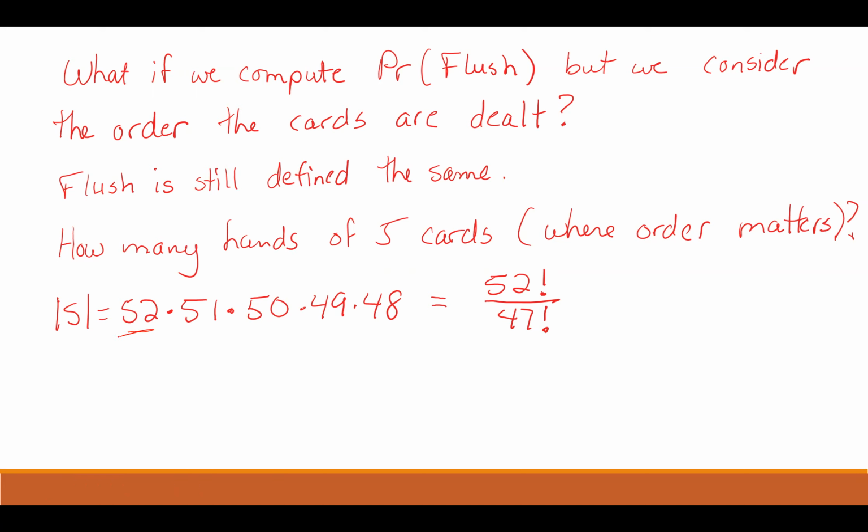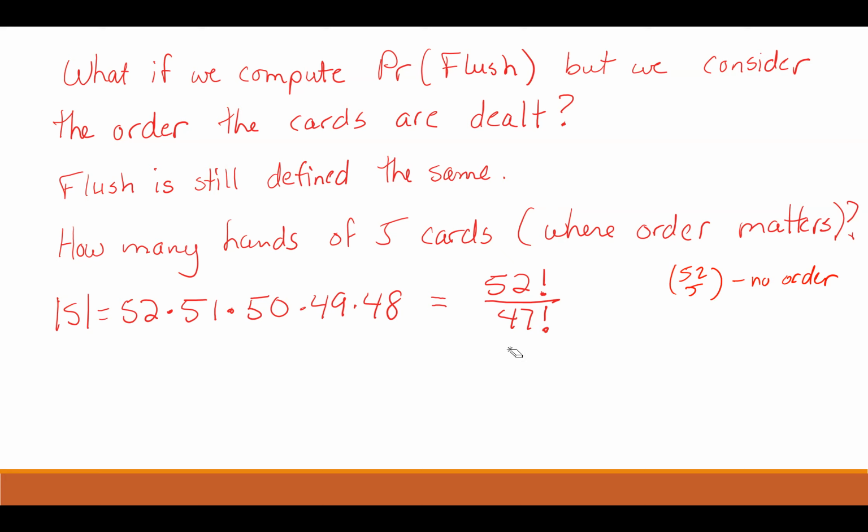So now the size of my sample space, spoiler alert: my first card, I have 52 choices. My second card, I have 51 choices. My third card, 50, 49, 48. Whereas before we had 52 choose 5, where order didn't matter, now we have 52 factorial over 47 factorial.